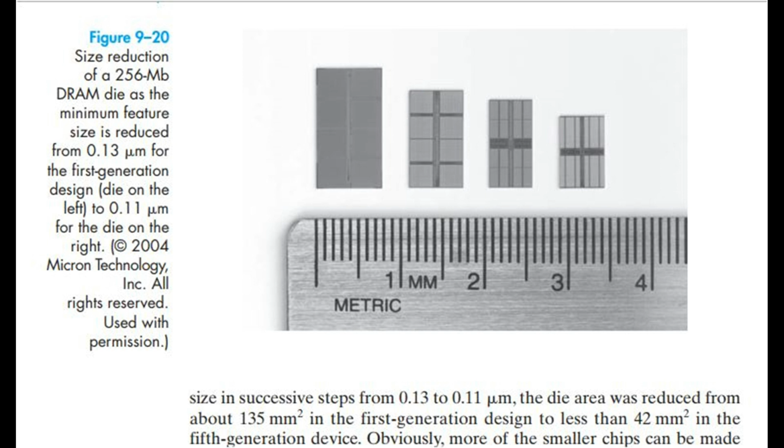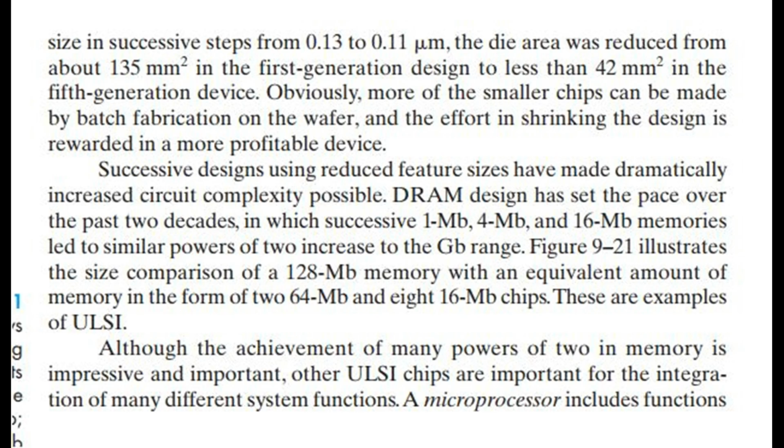Figure 9.20. Size reduction of a 256 MB dynamic random access memory die as the minimum feature size is reduced from 0.13 micrometers for the first generation design, die on the left, to 0.11 micrometers for the die on the right. 2004 Micron Technology, Incorporated.